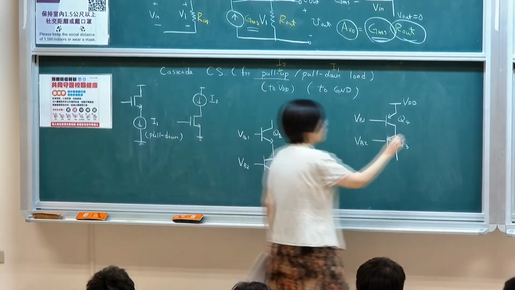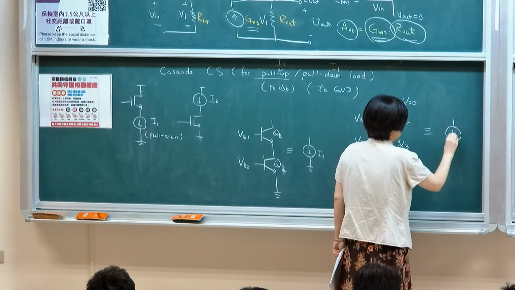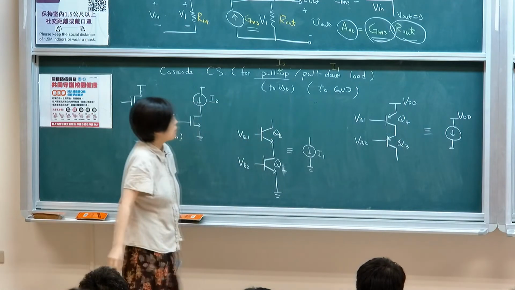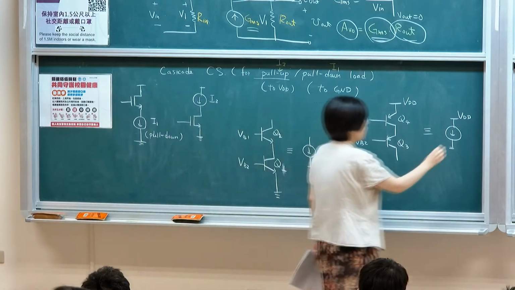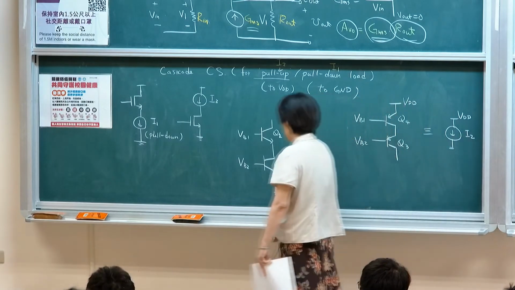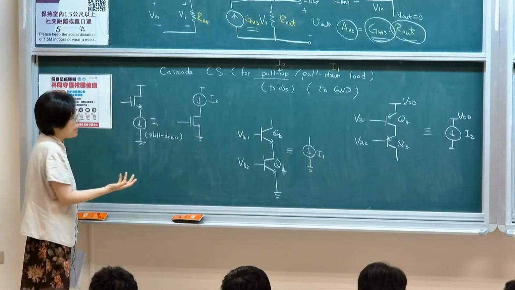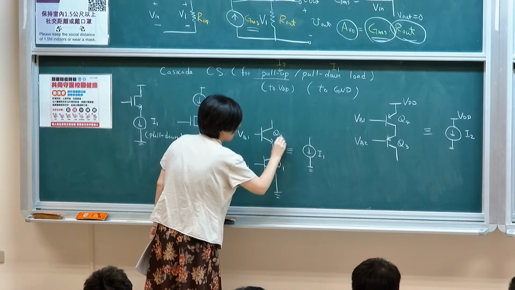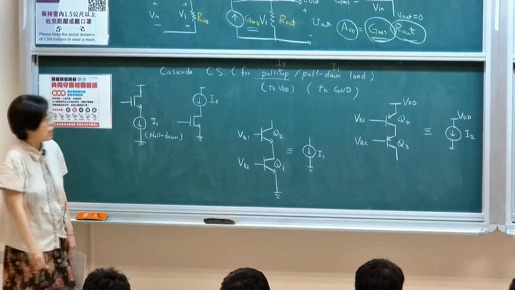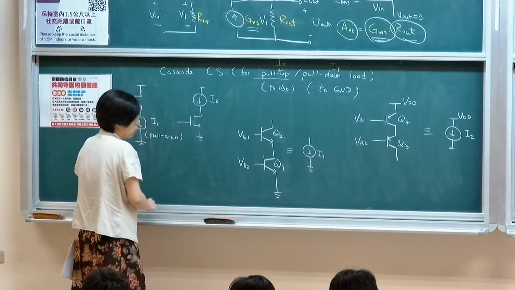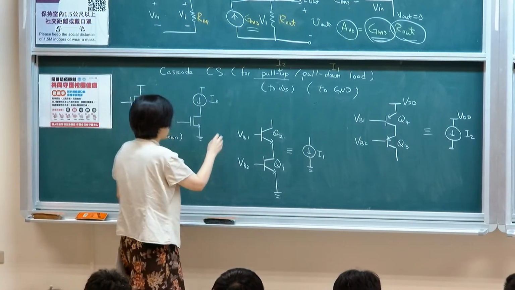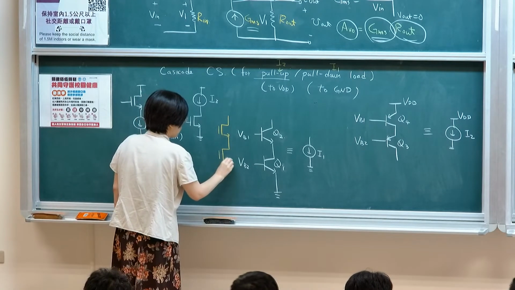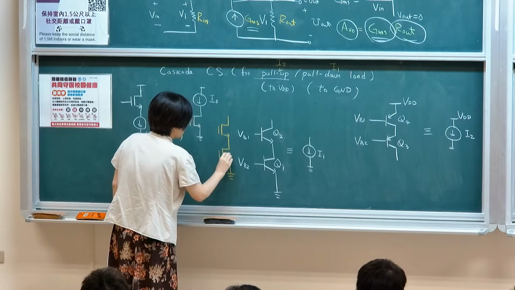So this will be equivalent to a pull-up current source, I2. Depending on whether you want to pull it up or pull it down, you use NPN or PNP. You can also draw the MOSFET counterpart. Let me draw it over here. If you want to do the MOSFET, this will be N-channel, two N-channel to ground, M1, M2.